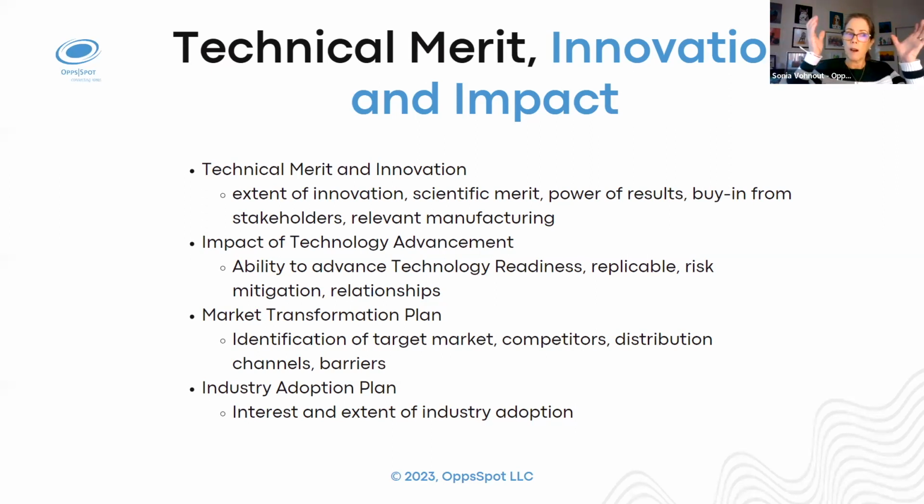So you've got a really good innovation, has technical merit, but if you can't commercialize it and take it to market, then it's not going to be such a good proposal because the risk of taking it to market is going to outweigh the risk of the technical merit, right? So make sure that you understand how you're going to take it to market.